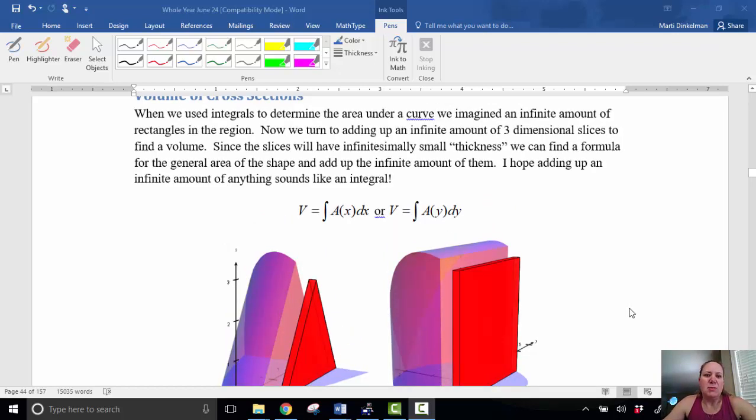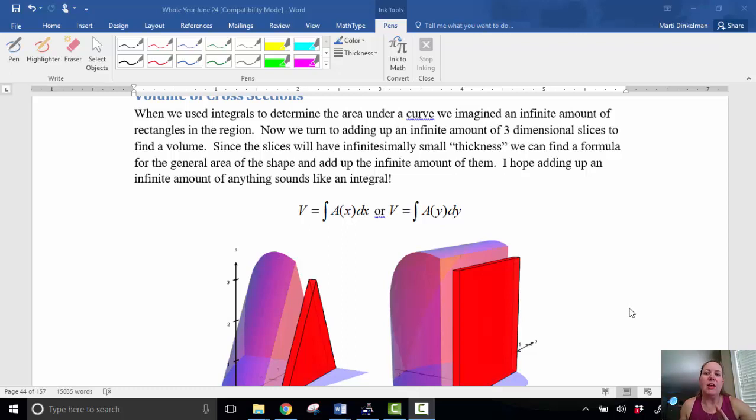What I want us to think about is before, when we were finding area, we were looking at just an infinite amount of rectangles. So if we could figure out what the height of the rectangles were, and again with an integral, that the width of the rectangles was really infinitesimally small, or basically zero, but that's what our integral finds. So this just kind of takes it one step further.